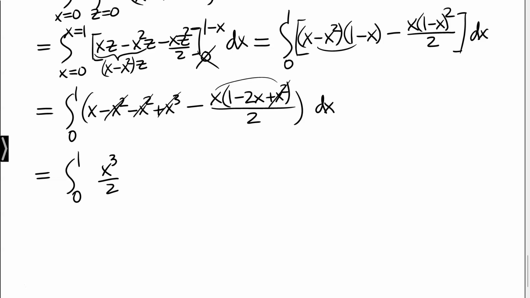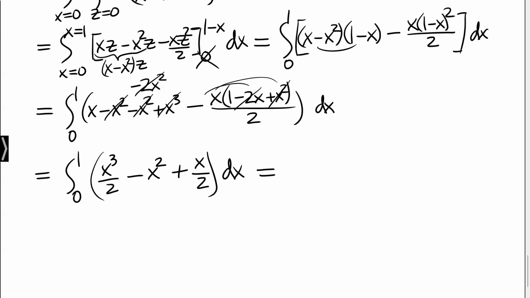So we have a minus 2x squared. And then we have here a plus 2x squared over 2, so plus x squared. So that is going to make minus x squared. And then we have x and minus x over 2, so that's plus x over 2. Okay, so that's all the terms collected together.